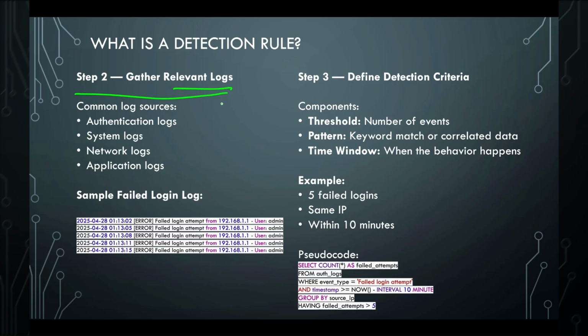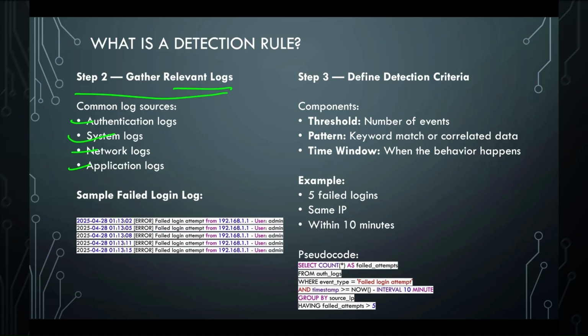In a real world scenario, you might have logs coming from authentication, like var log authentication log, or some Windows events like 4624 or 4625, and then system logs like file access, service start, stop events, etc. Then network logs, which are very important to spot unusual outbound traffic, connections, etc. And then application logs. If a specific application is critical, monitoring its logs for anomalies is key.